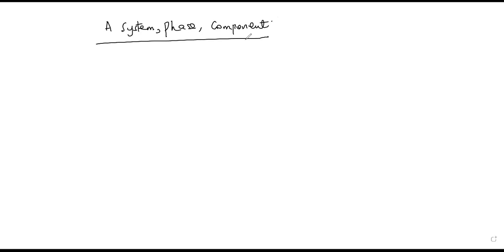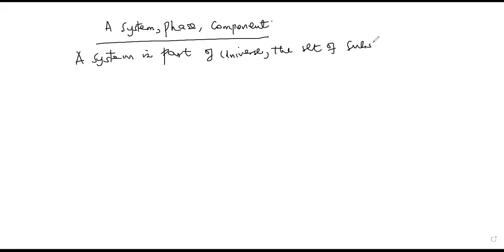The first definition is what a system is. A system is that part of the universe, and the set of substances and energy associated with them, that is being studied.